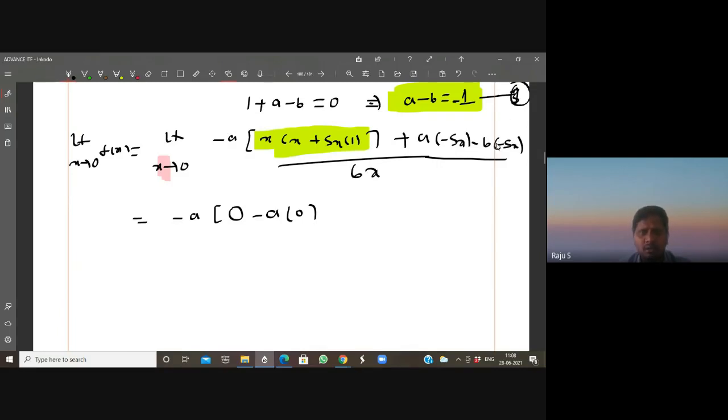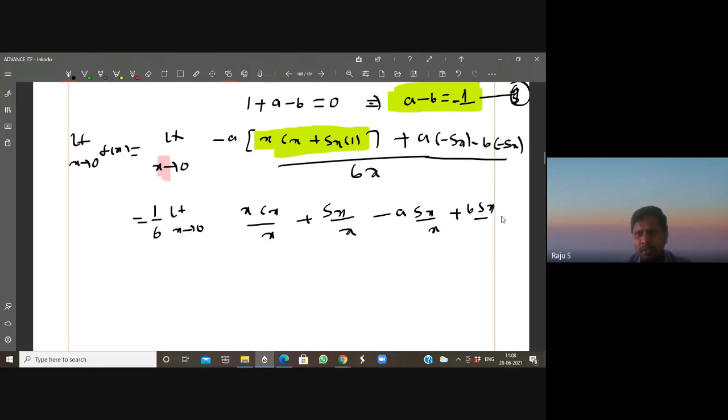Otherwise we do one thing, here we can easily simplify. The formula sin x by x I want to apply here. I want to write it separately: limit x tends to 0, 6 is a constant you can take outside. Limit x tends to 0 of x cos x by x plus sin x by x minus a into sin x by x plus b sin x by x.